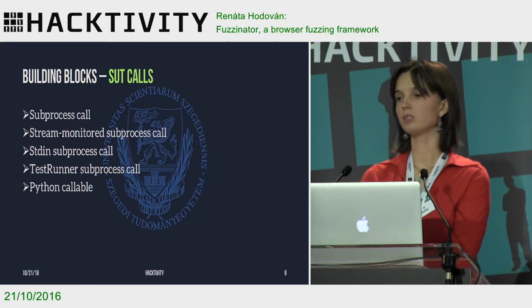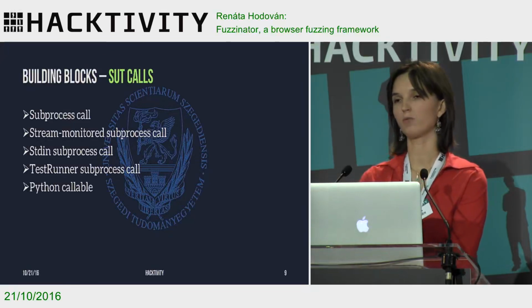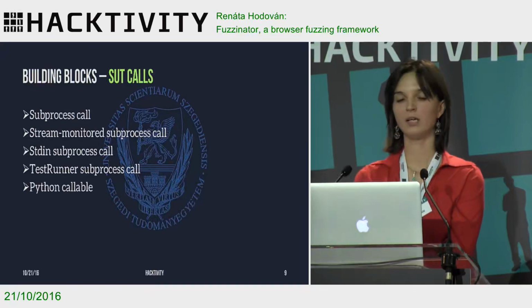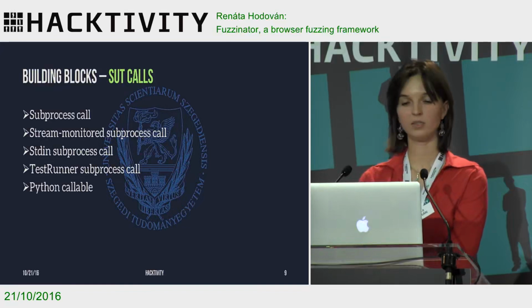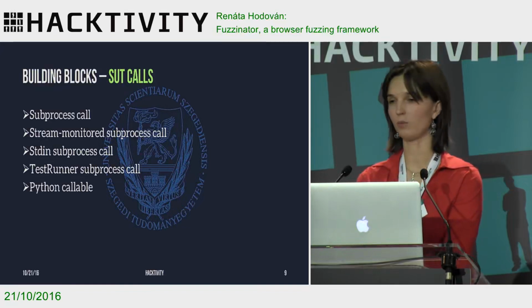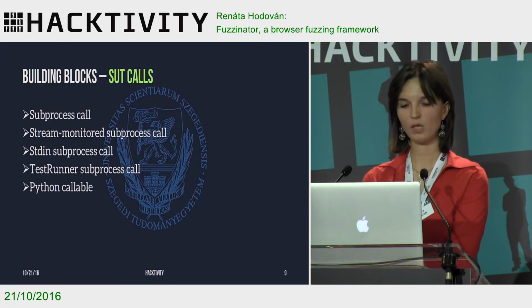Supposing that you have an application that you can run from the command line, that accepts a test case from the command line, and that exits on failure, then you can use the built-in subprocess call solution.